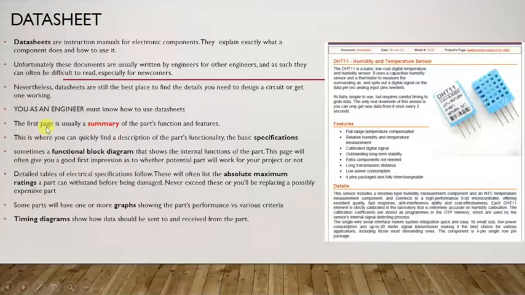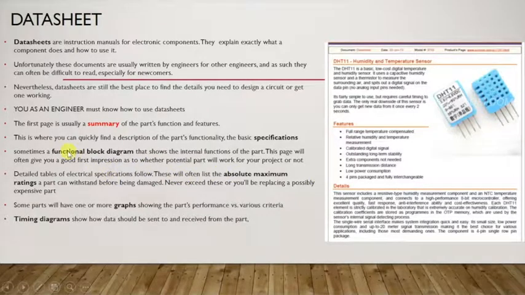The first page of every datasheet is a summary. It is a summary of the features and some details of what the sensor does. As it says here, it is a low-cost digital temperature humidity sensor.